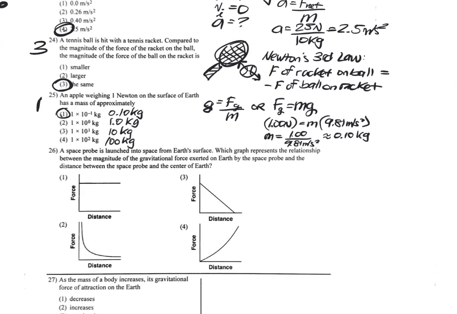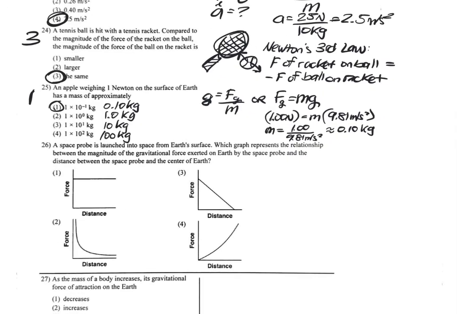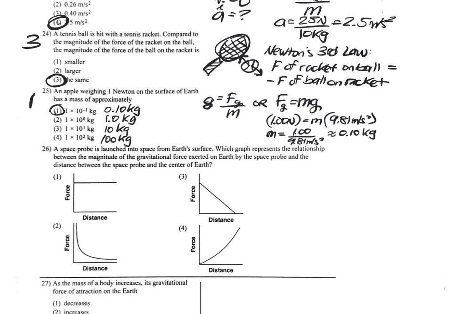Okay, speaking of weight or gravitational force, we have number 26, with force versus distance. So it's talking about the relationship between force and distance between a space probe and the Earth. That would be Newton's universal law of gravitation, where we see that if I increase the separation between the space probe and the Earth, it's going to decrease the force due to gravity.